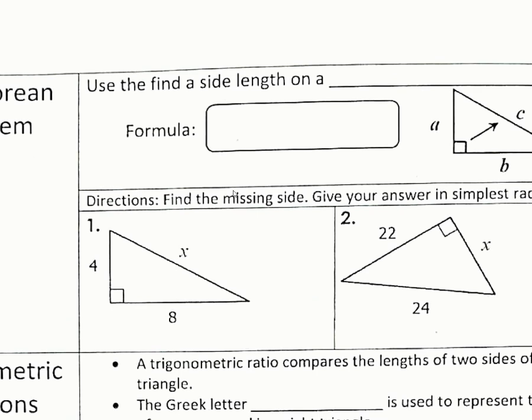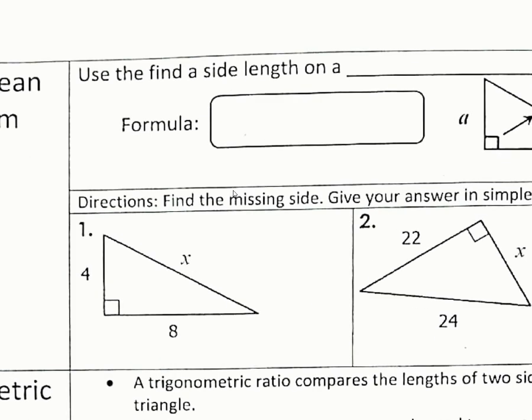So the first thing we're going to talk about, I know you guys are comfortable with, and that is Pythagorean theorem. Pythagorean theorem is only for what kind of figure? What kind of triangle? Not just triangles, but right triangles. What does it mean to be a right triangle? It has to have one of the three angles being 90 degrees. So if one of them is 90 degrees, the other two are less than 90 degrees, right?